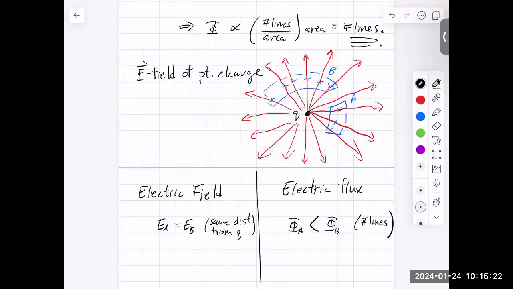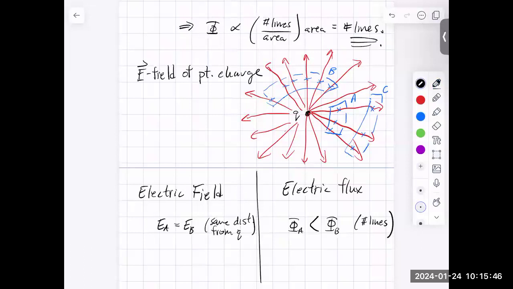A. All right, so I'm gonna place a new surface over here, and it's gonna look something like this. And so we're gonna have these lines passing through that surface. I'll call it C. All right.